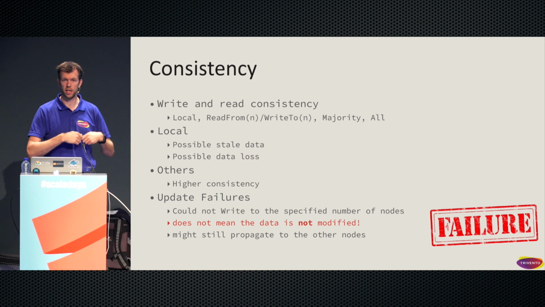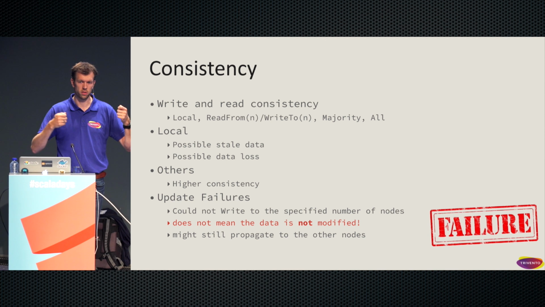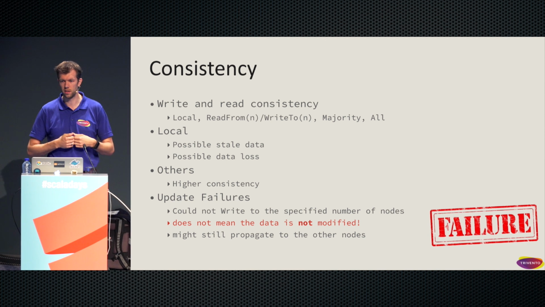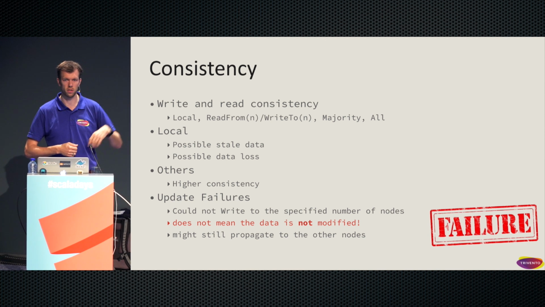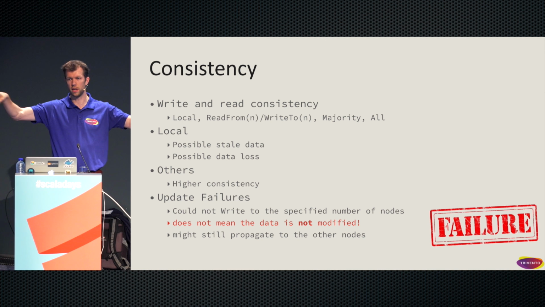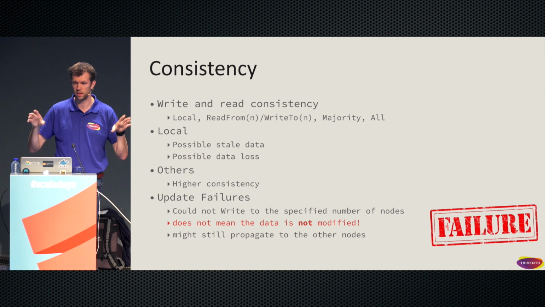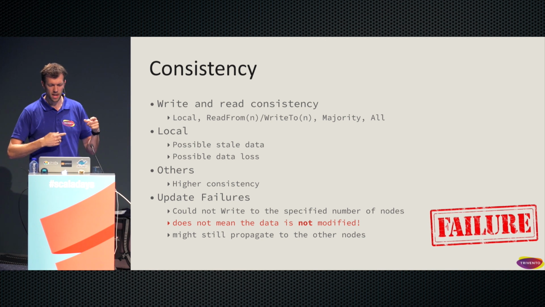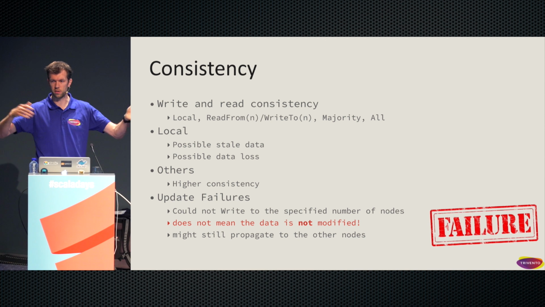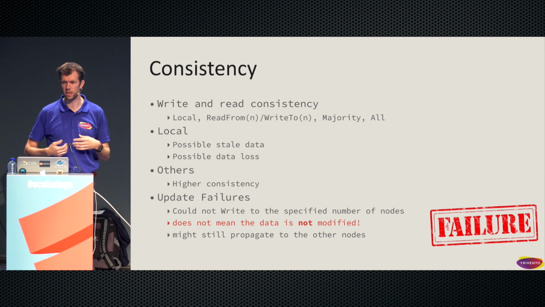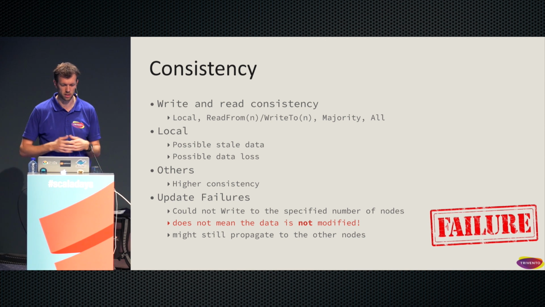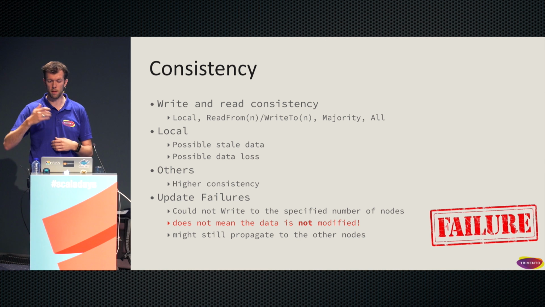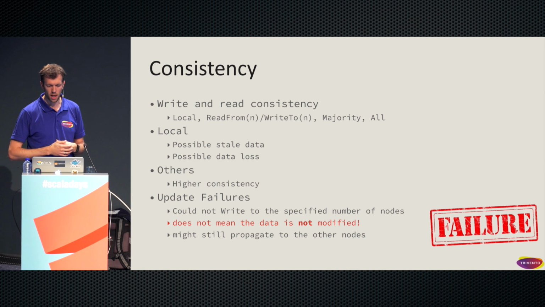But you can also say read or write to n nodes, right? So if you have a 7-node cluster, you can say, I want it on 2 nodes, so that I know that it's at least propagated to one other node, hopefully, and that hopefully I will explain. So that the information is already in different places to prevent some crashing situations or something. A majority, so to the quorum, or to all nodes.